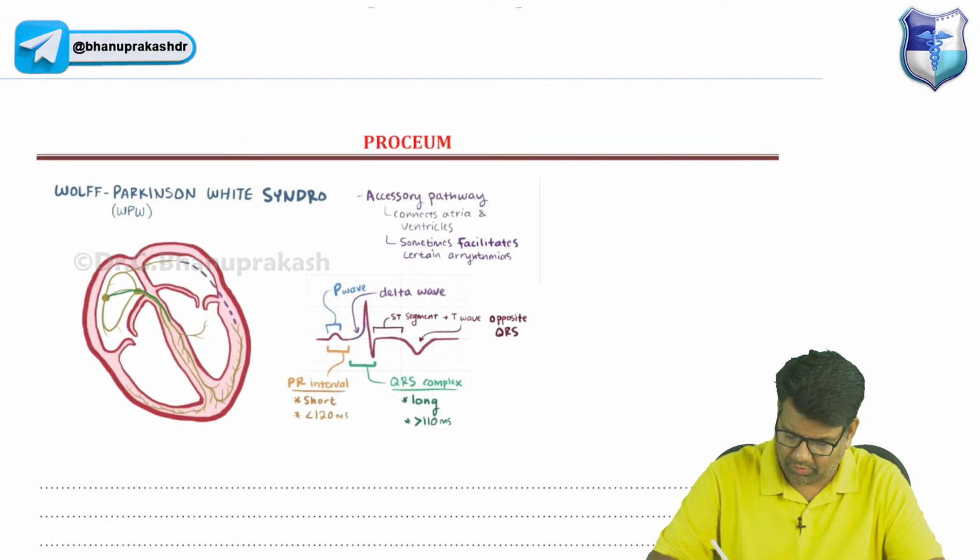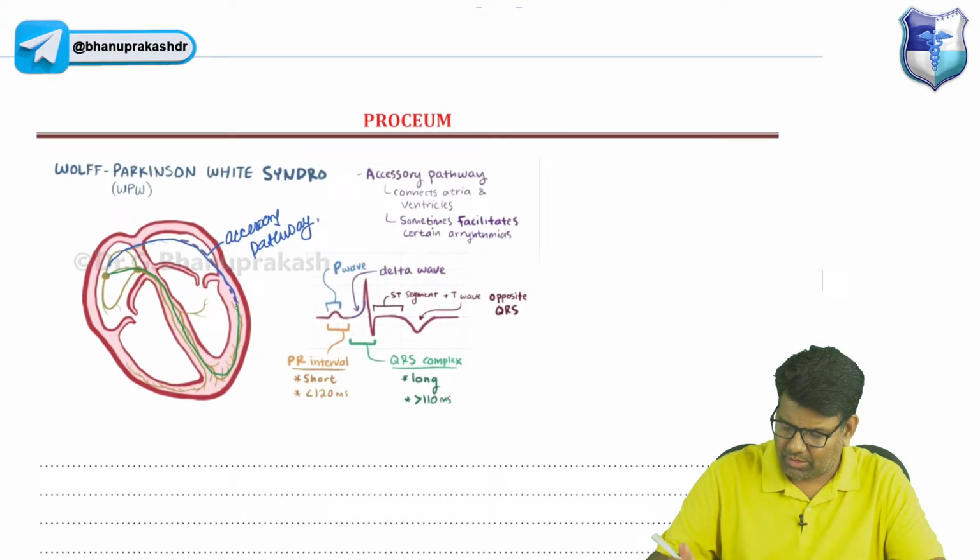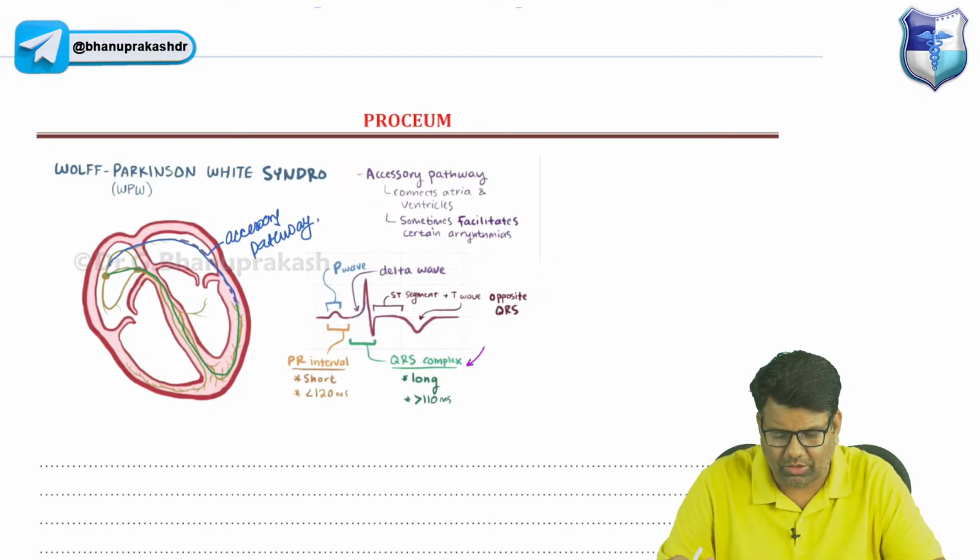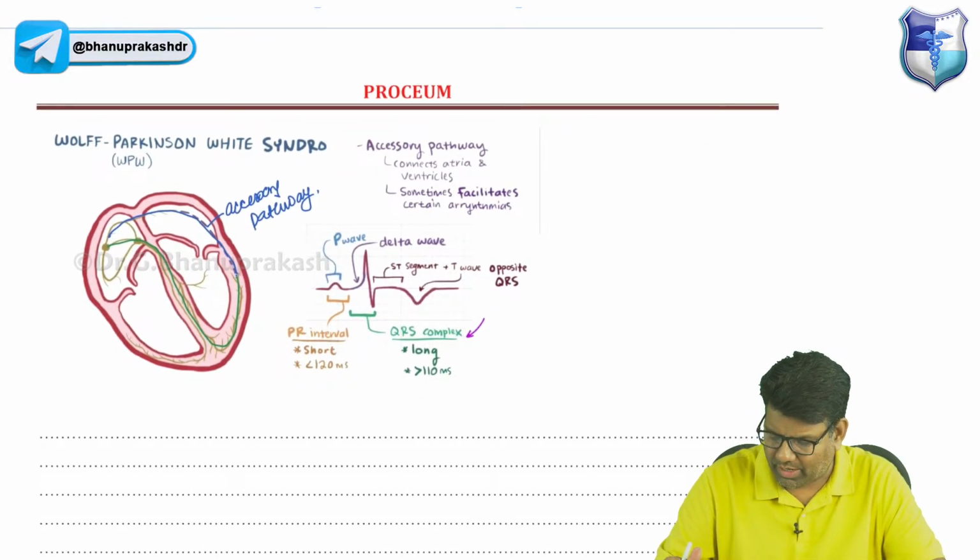This is the usual route of transmission of impulses, but here you can see this is an aberrant pathway or shortcut connecting the atria with the ventricle. So you will see a long QRS complex. We'll discuss the pathway of Kent.